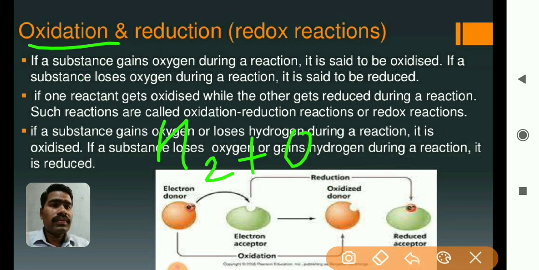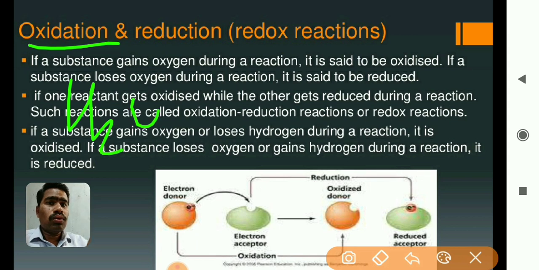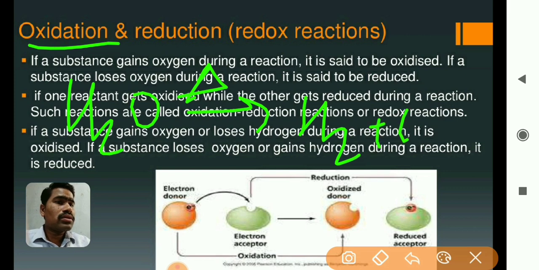Now if you see the reaction in which a substance loses oxygen, for example H2O, if you decompose this H2O by passing electricity, by the process of electrolysis, which we have studied in the decomposition reaction, the product obtained is H2 plus O2.